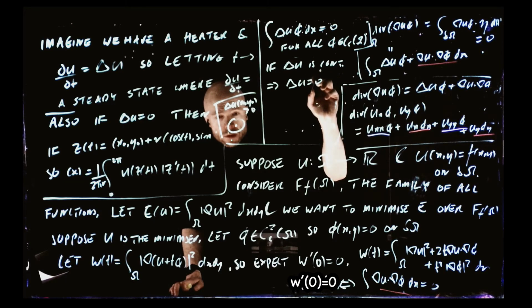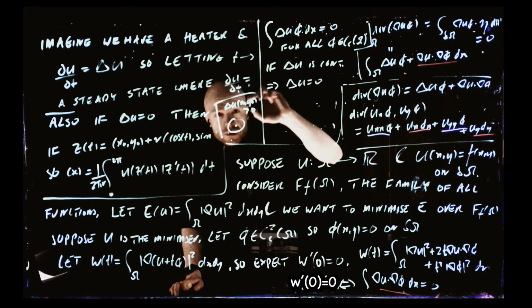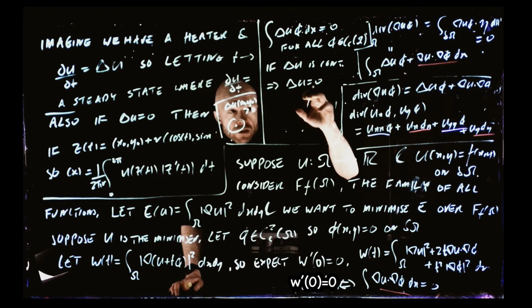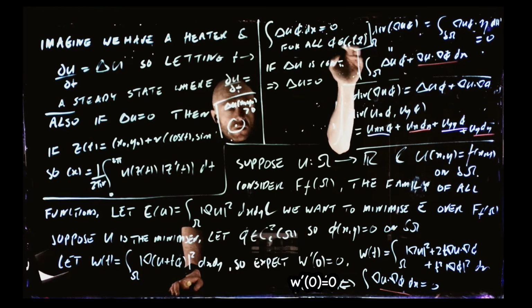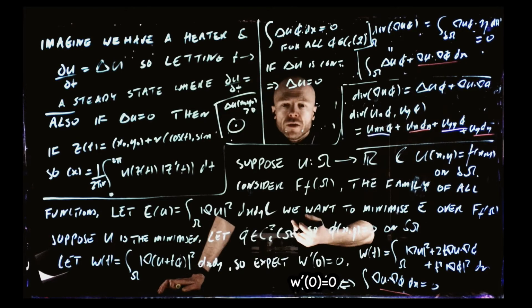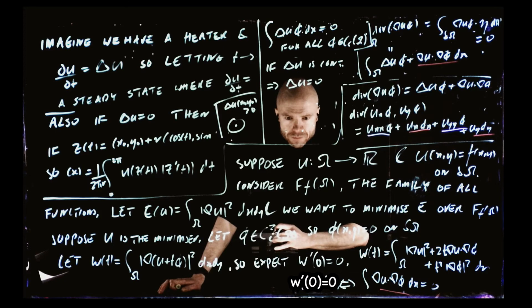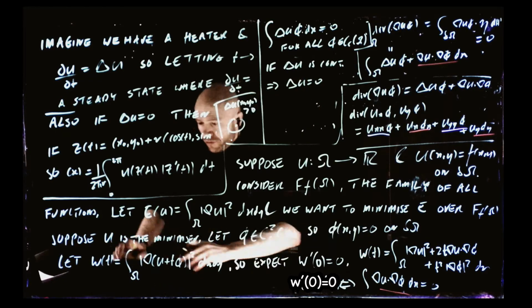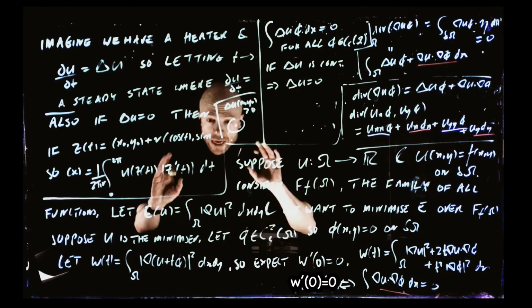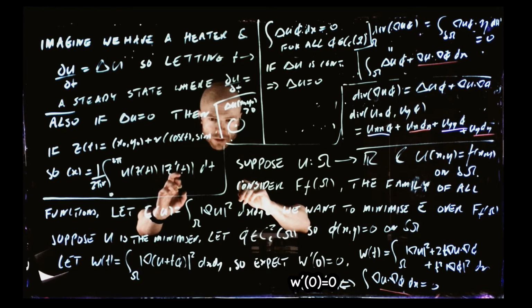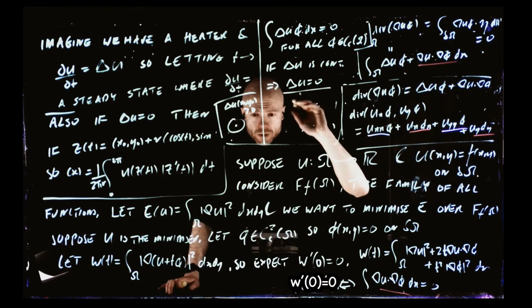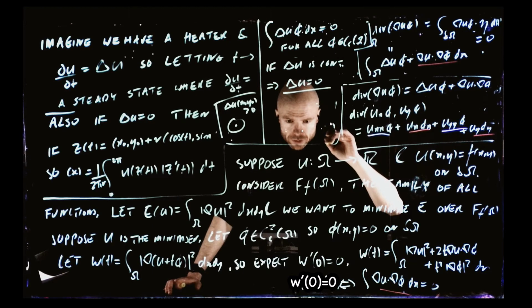Then there's no way that this entire thing can be 0, unless the whole thing is 0. So if the Laplacian is actually continuous, then this being true for all test functions phi means that the Laplacian has to be 0. Okay? So what we've learned is that if u is a minimizer of this energy, then u has to satisfy Laplace's equation. That's what we've learned.